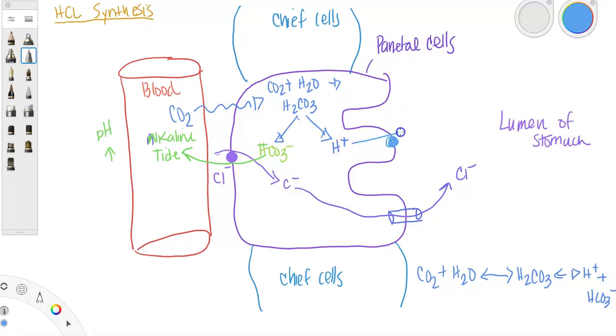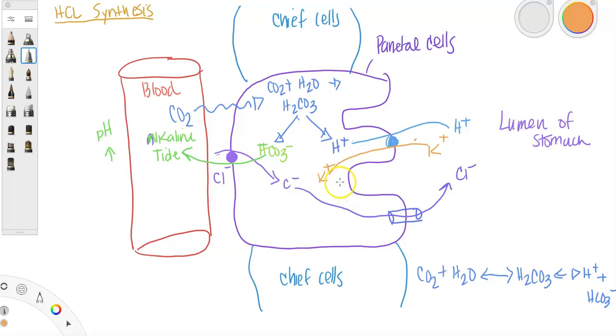So hydrogen goes out, and potassium comes in. Okay, so it's a pump, because there's more potassium in the cell than outside of the cell, because that's the way all cells are. So potassium's being pumped in, hydrogen is being pumped out, 1 for 1.